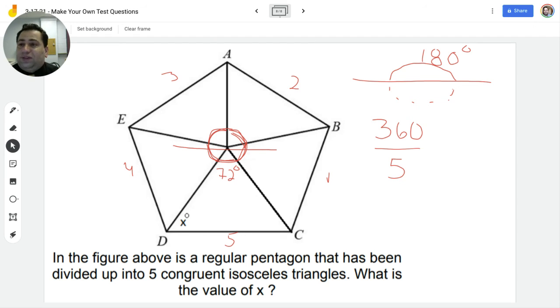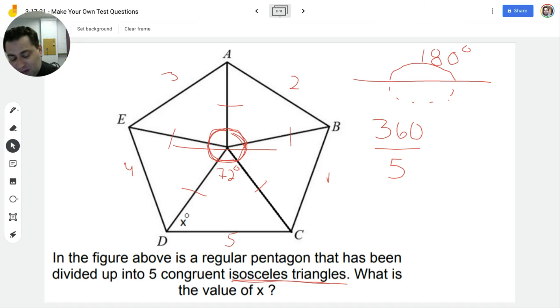Well, great. So how does this help me? Well, if I look down at my problem here, we have an isosceles triangle. So in other words, all of these sides are also equal. And again, we are dealing with that angle side relationship theorem.